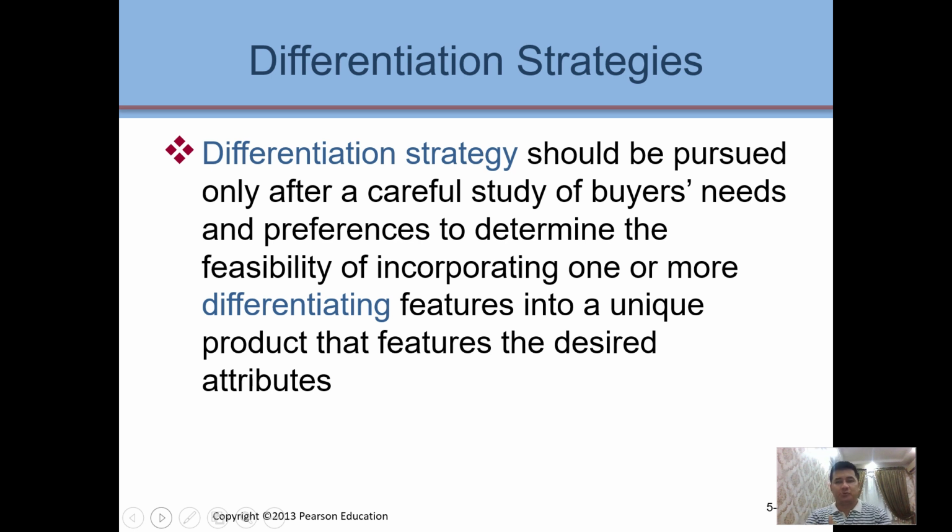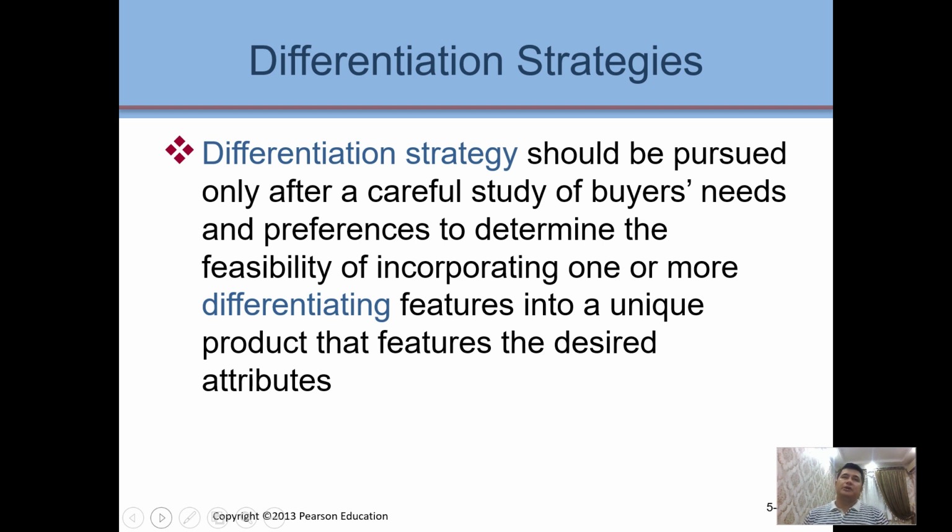Differentiation strategies should be pursued only after careful study of buyers' needs and preferences to determine the feasibility of incorporating one or more differentiating features into a unique product that has the desired attributes, right? Because when you're working in a company or in an industry, you have to know your clients, whether they like the differentiation or not.